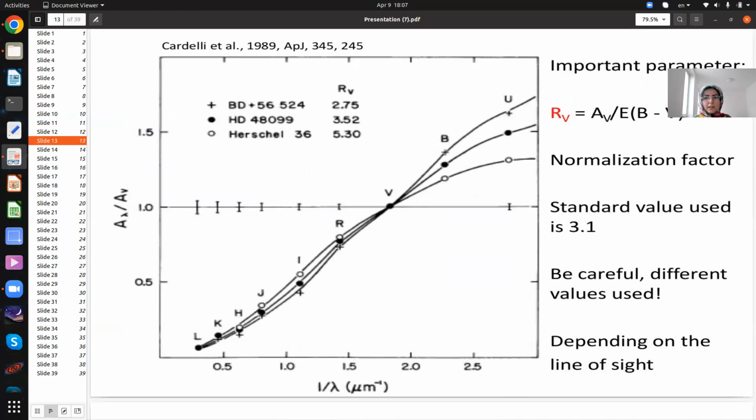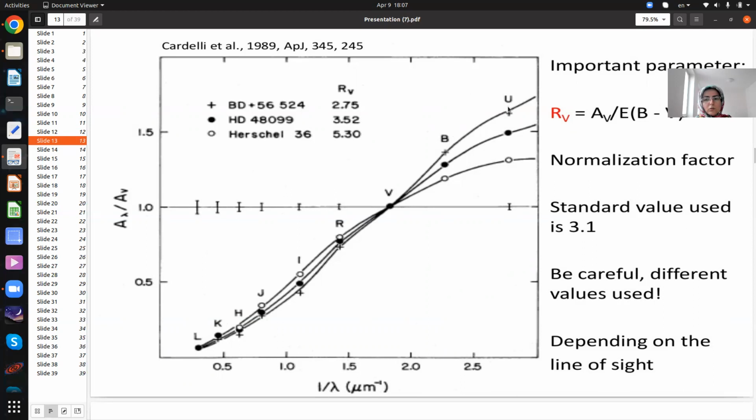Here you see that in ultraviolet, it depends on the size of the grains, and if the size of the grain is different, we have different kinds of bands.